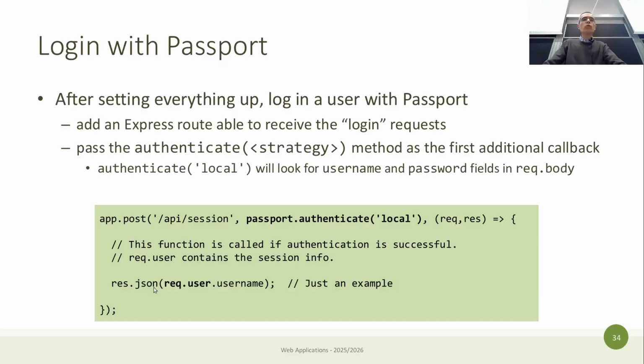And then what do you return from the login API? Well, again, it's up to you. Typically, the login API returns some information about the user. You log in with the username and password, and they give you back, let's say, first name, last name, and I don't know, last login time, whatever you think is appropriate.